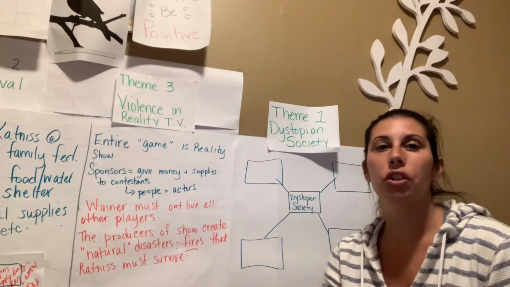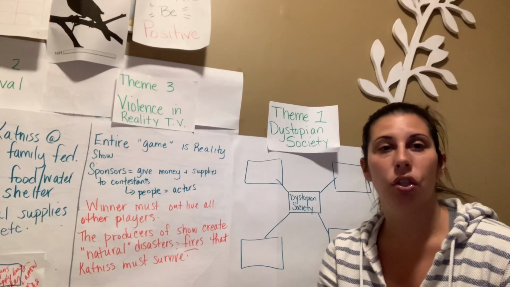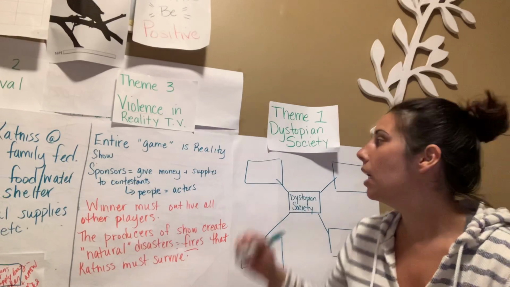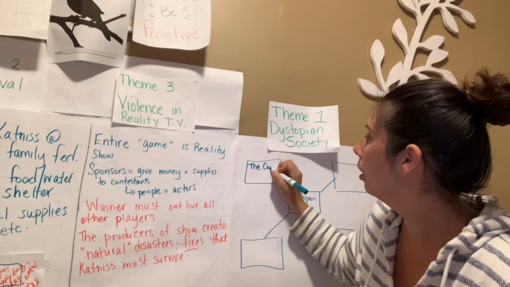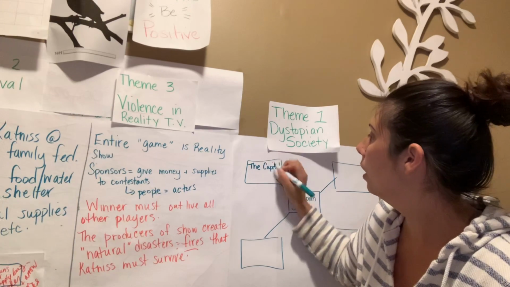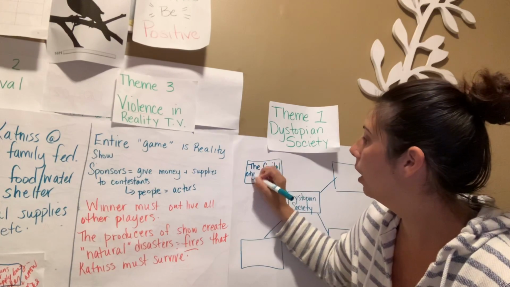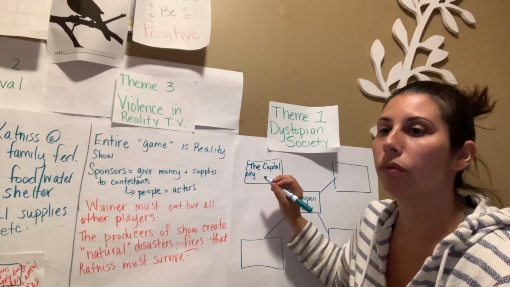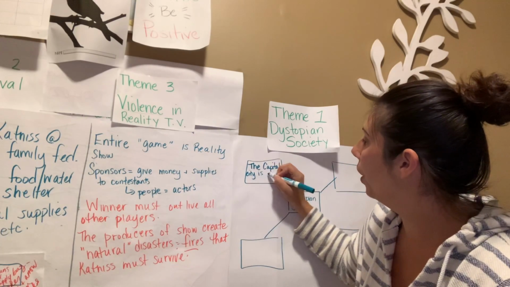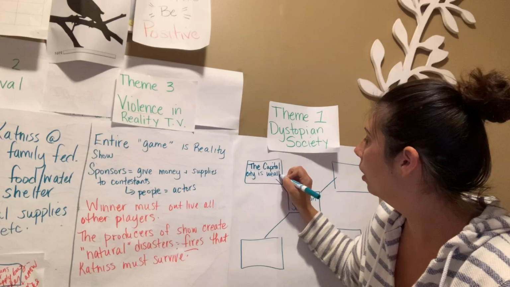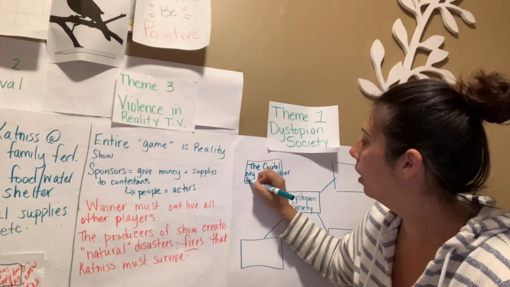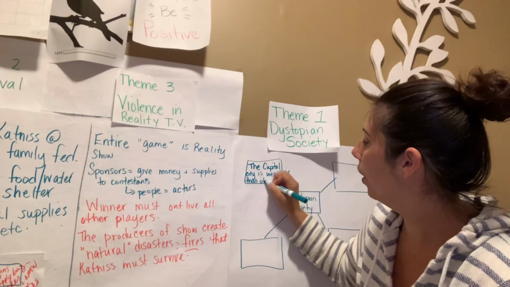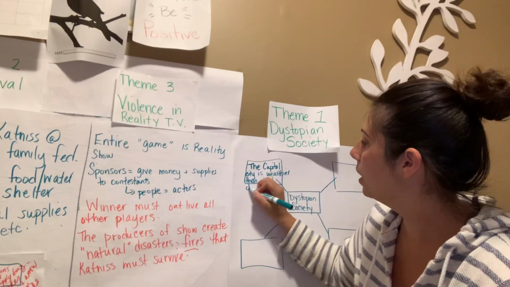Now, one major characteristic of a dystopian society is where the capital city is wealthier than other districts.